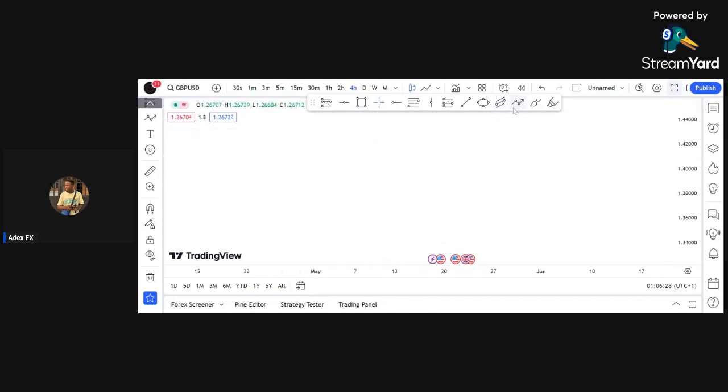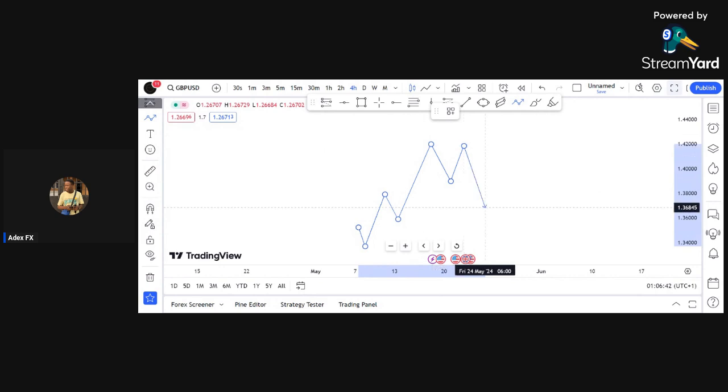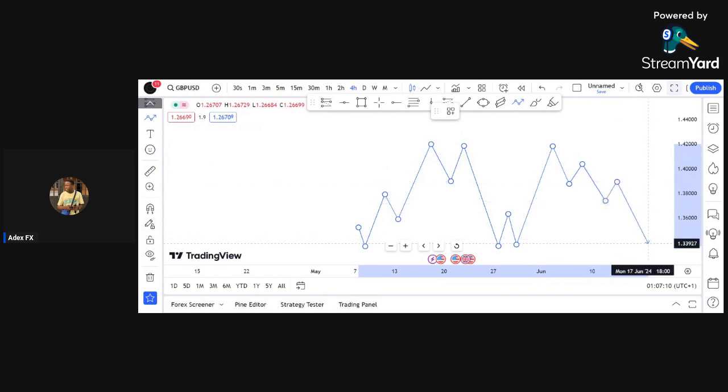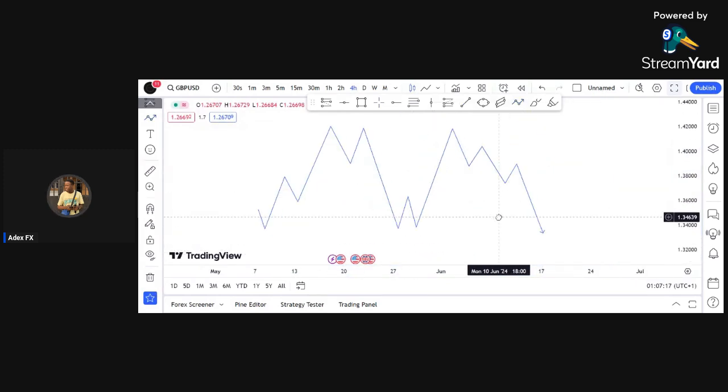Let's assume that the market moves like this. This is what I mean. So what I mean by the floor is this area.